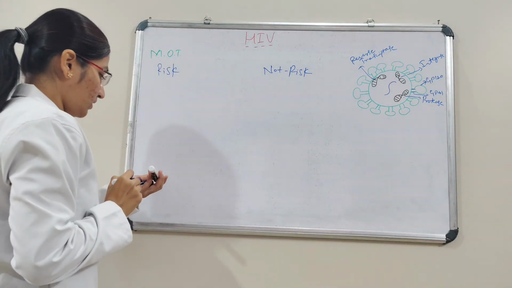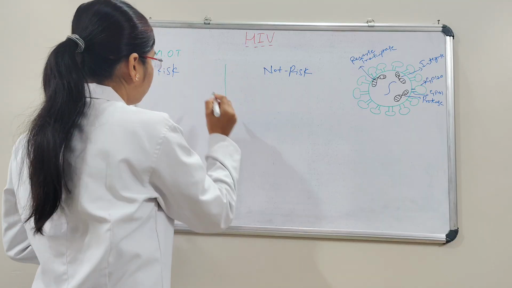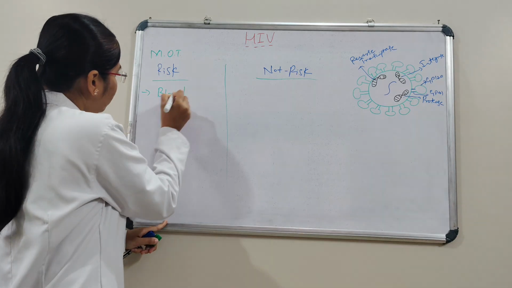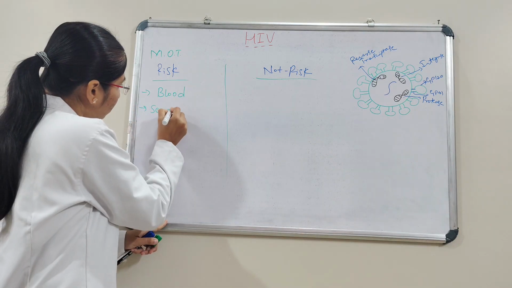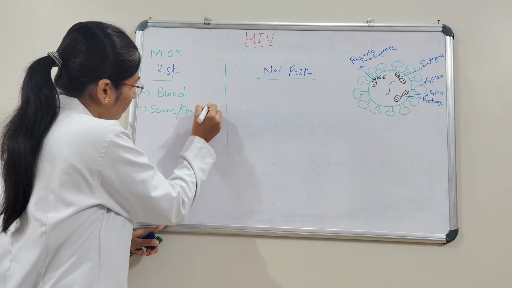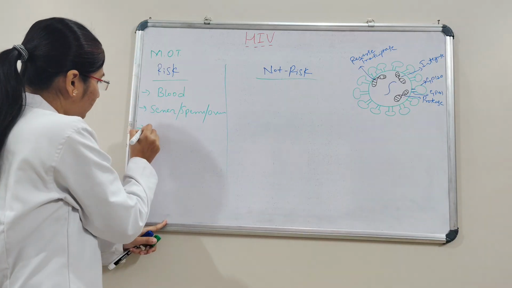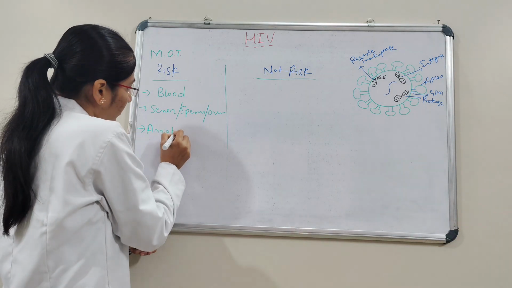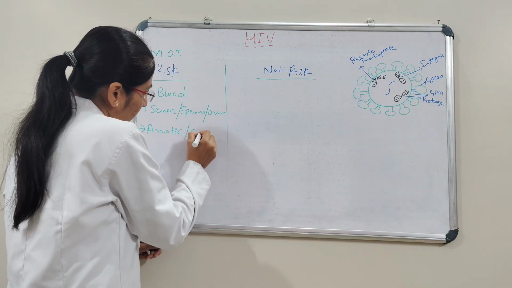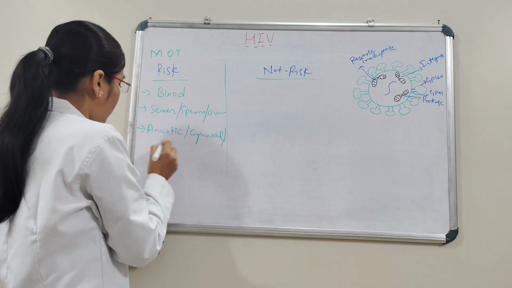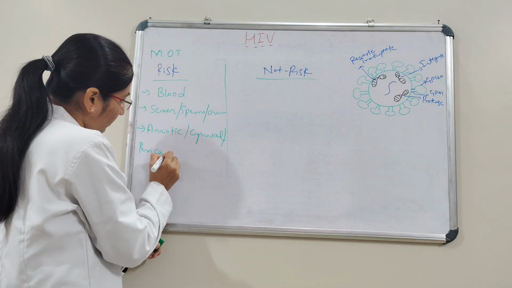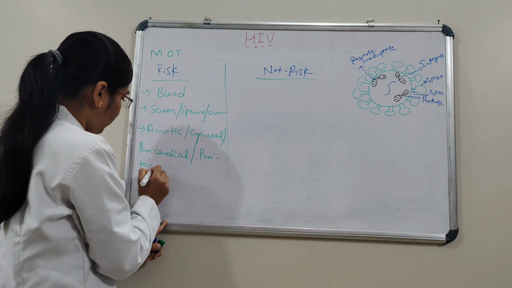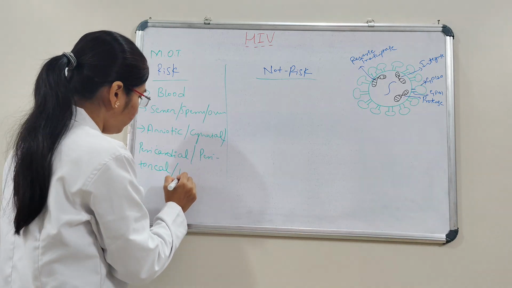Risk is from blood, semen, sperm, ovum, and also from amniotic fluid, synovial fluid, pericardial fluid, peritoneal fluid, and pleural fluid.